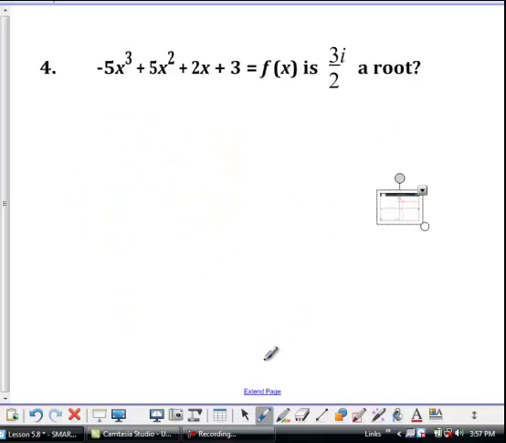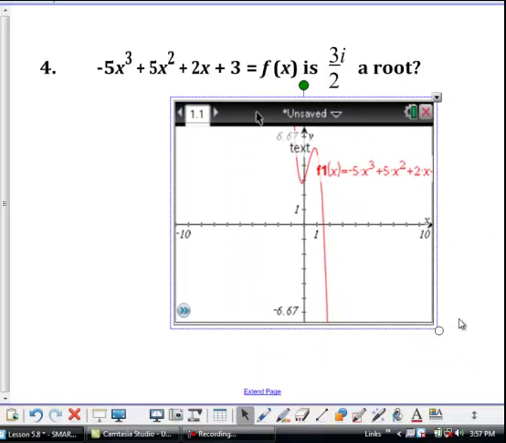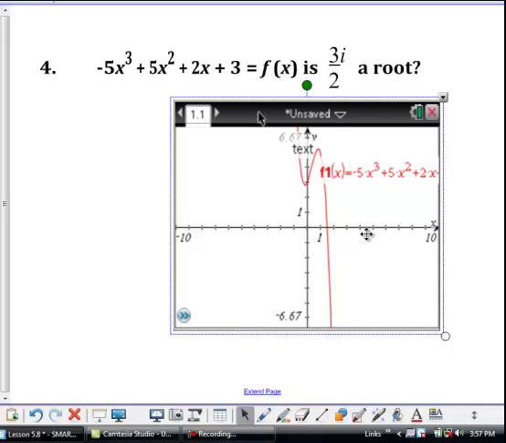And the last one. Now, this is why you have to know how to show work, because this is an imaginary root. And if you graph it, well, we don't know how to graph imaginaries yet. It's very simple. We will learn. But is 3i over 2 a root? Imaginaries means it doesn't cross the x-axis.